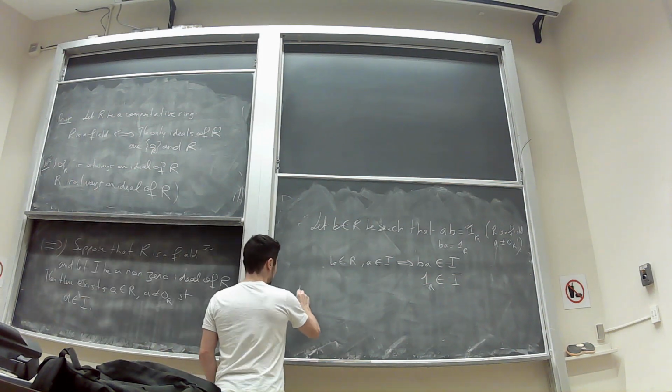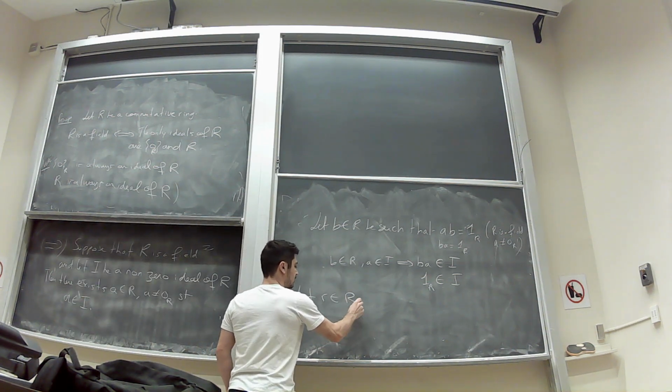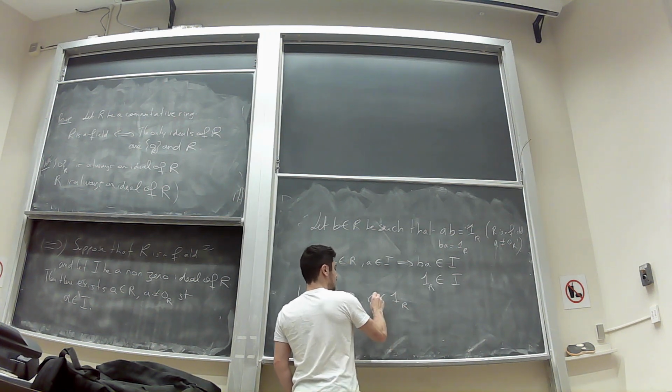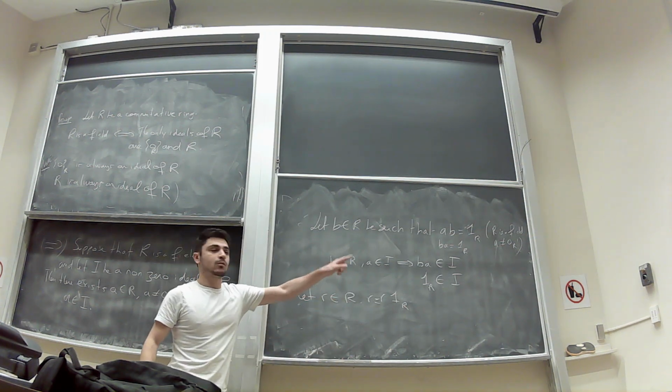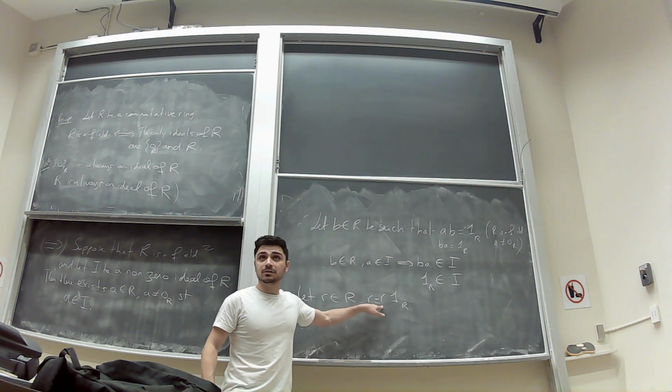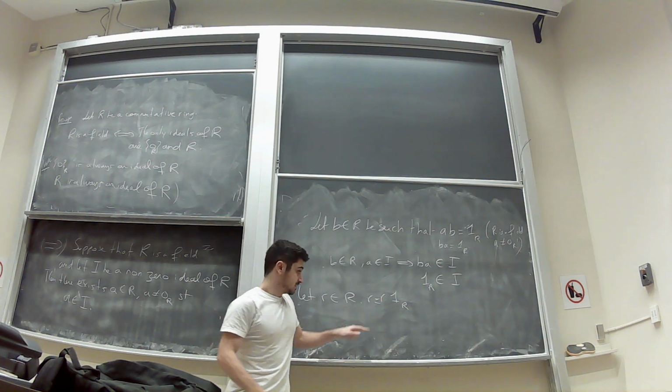Now let r be in R. What can I say about r times 1_R? 1 belongs to I, and r belongs to R. Agree so far? So what can I say about r? It's in I. Very good.